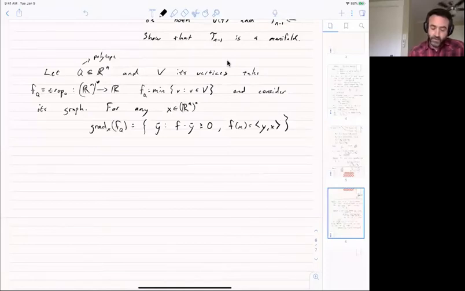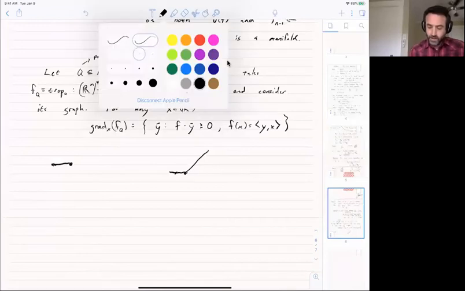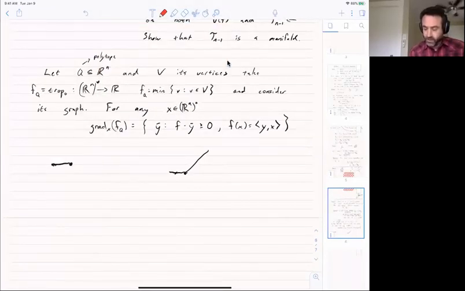So let me give an example of all of this. Let's say I take an interval, then my f_Q will look something like this. Maybe I'm drawing the opposite, I don't know. Now if my x is here, the gradient will just consist of the linear function which is precisely this one, because this is the only linear function that supports essentially this upper hull.